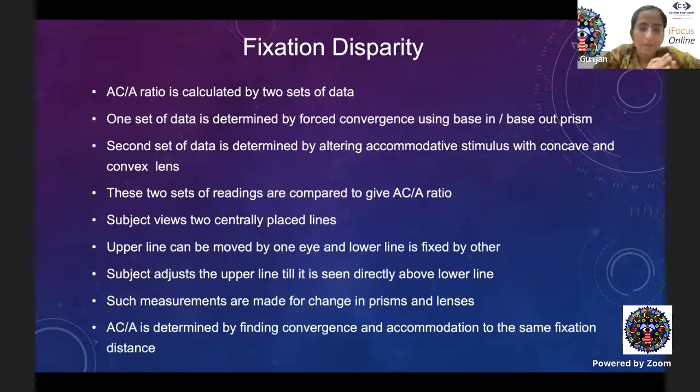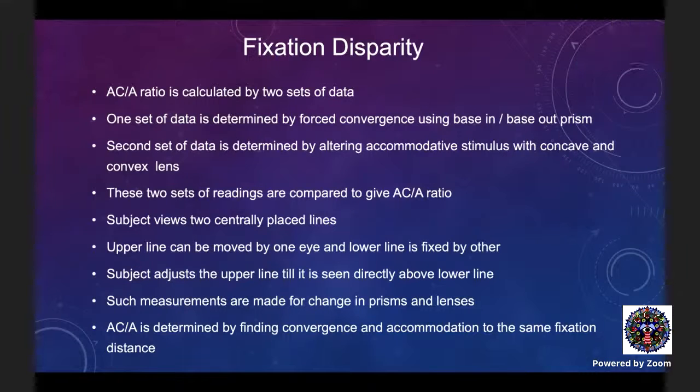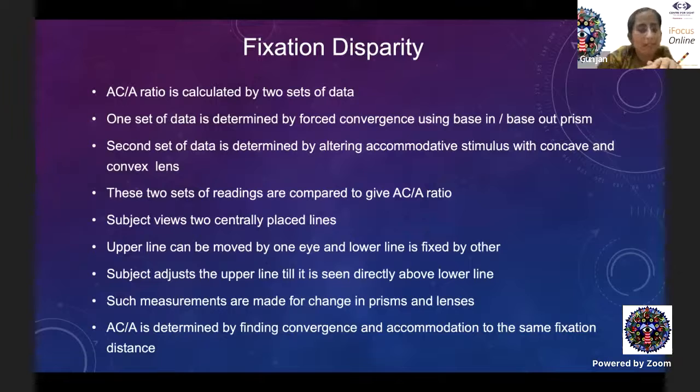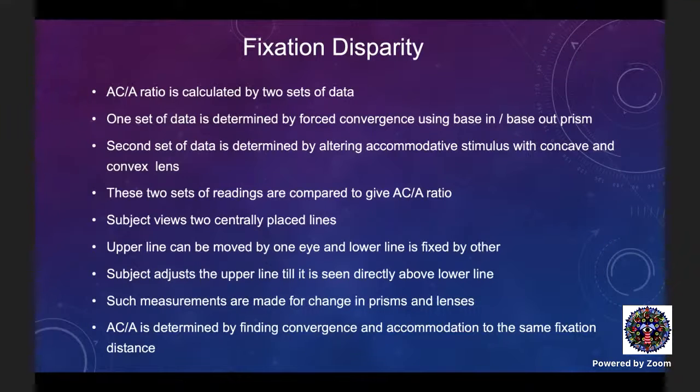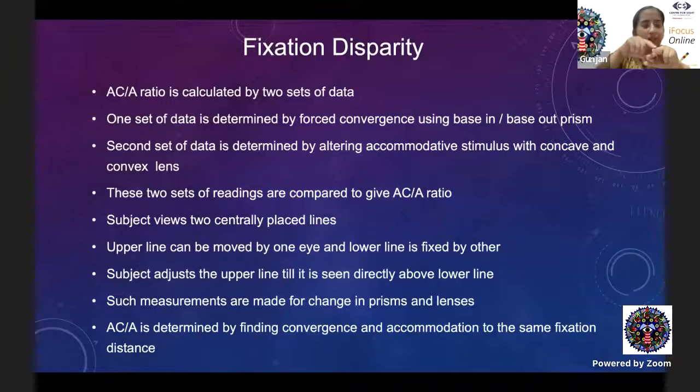The subject is viewing two Nonius lines, where the lower line is the one which you have fixed, and the upper line is moved by one eye by inducing convergence with prisms or by using lenses. And the patient is asked to adjust the upper line till it is seen directly above the lower line.